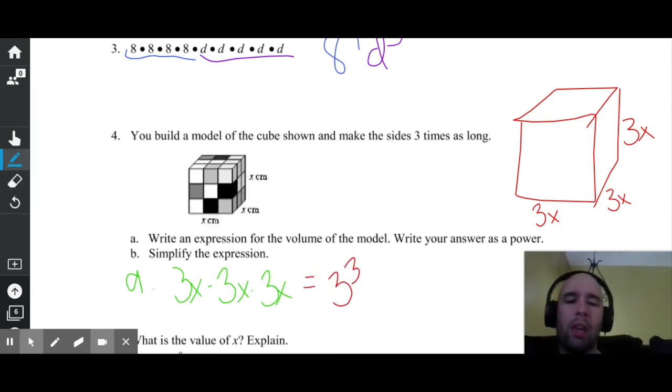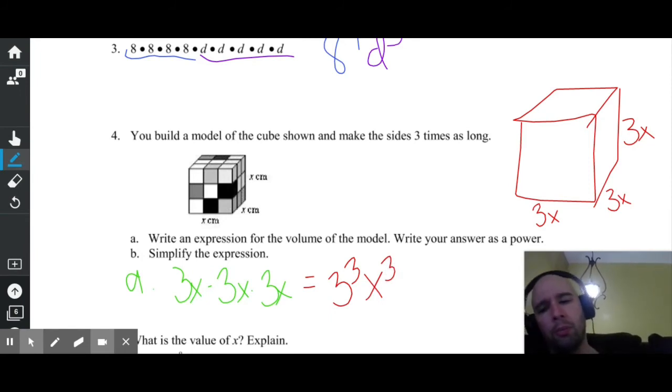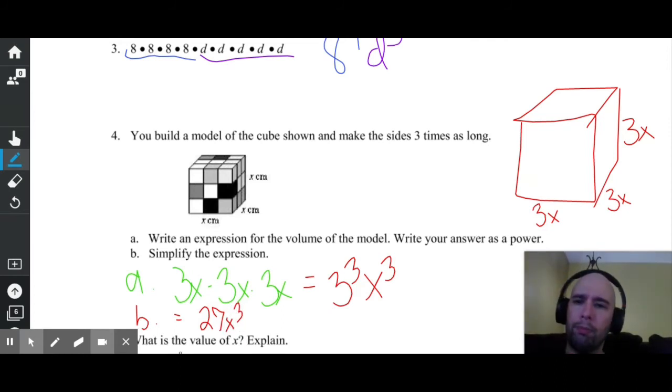And x times x times x, rest in peace, June 18th, is x to the 3rd. Simplify the expression, what B is asking us to do. 3 to the 3rd is 27, x to the 3rd. Weird problem.